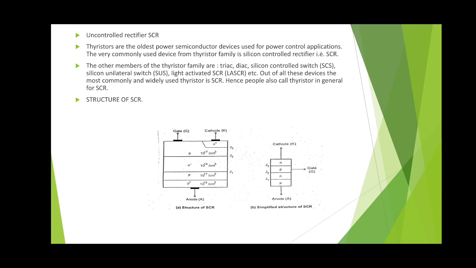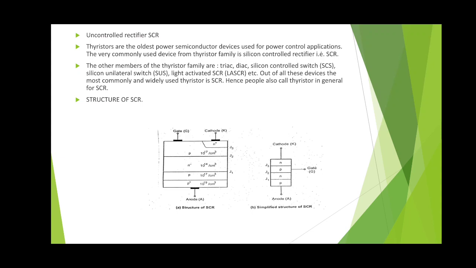So first let us go with the question: explain the structure of SCR. Structure means the layer diagram. So first we will draw the figure of the SCR, and we can simplify the figure as a small diagram which has 4 layers, that is PNPN.